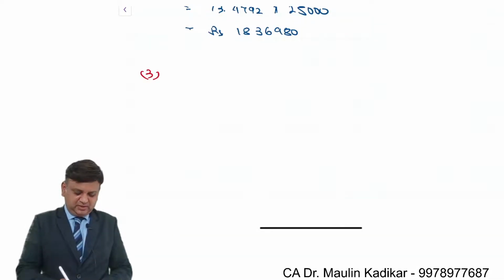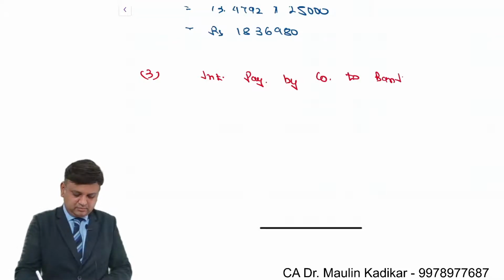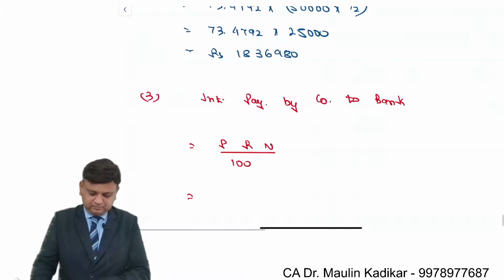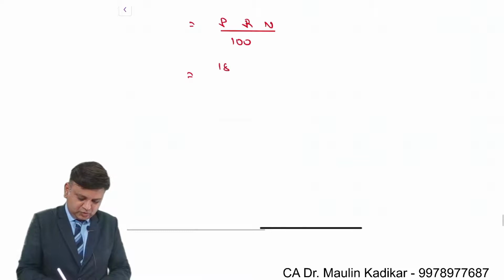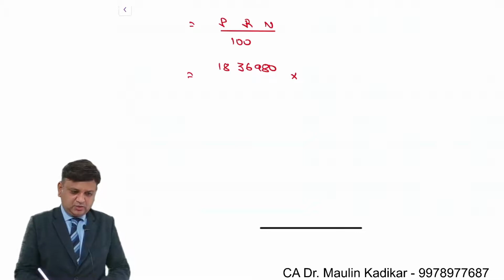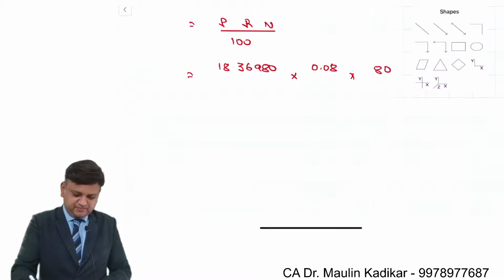And third is very simple. Interest payment by company to bank. It is PRN upon 100. So 18 lakh 36,980 into rate of interest is provided to us as 8 percentage into time period is 80 days.